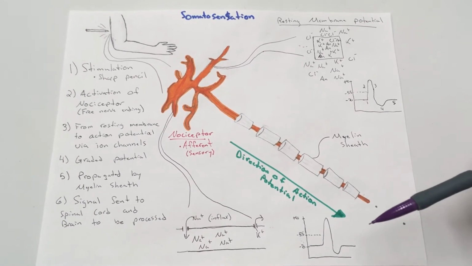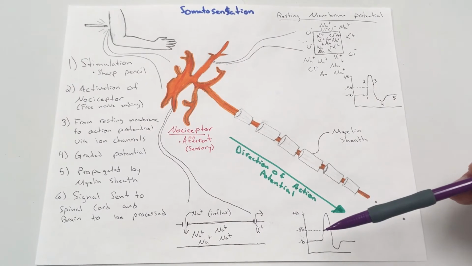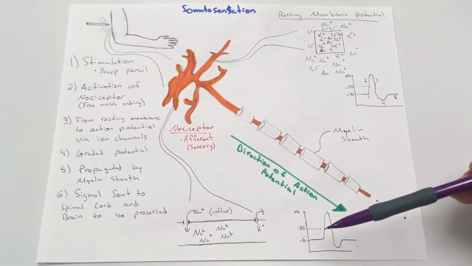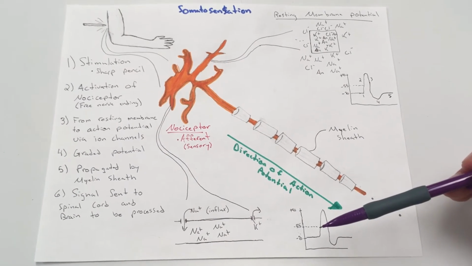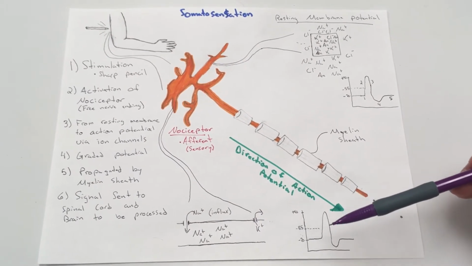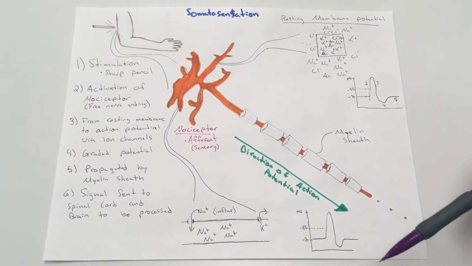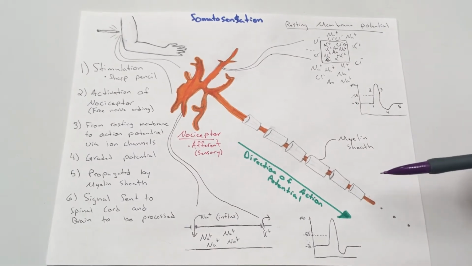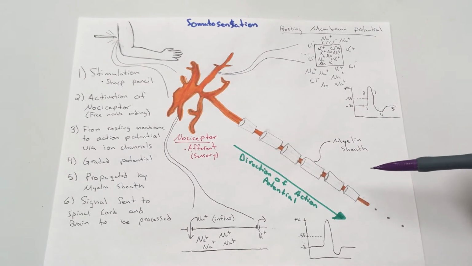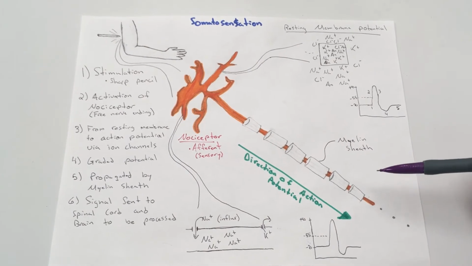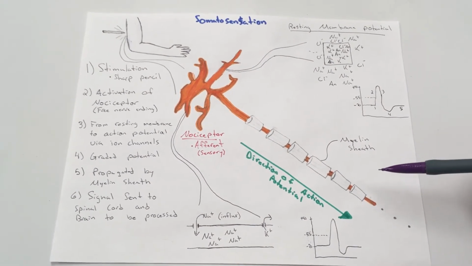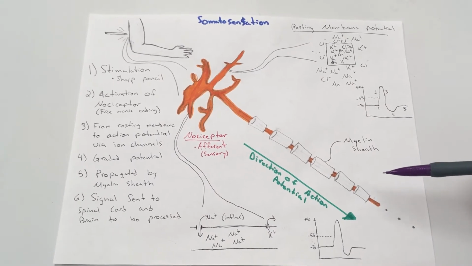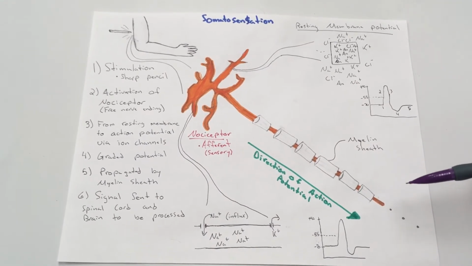With it becoming more positive and crossing the threshold of minus 55, which just means that once you get past this threshold, there's going to be an action potential happening, which is a signal being sent, a way of communication within our body to other nerves and ultimately to our brain, so it can be processed and we can be told that we are being poked by a painful stimulus.